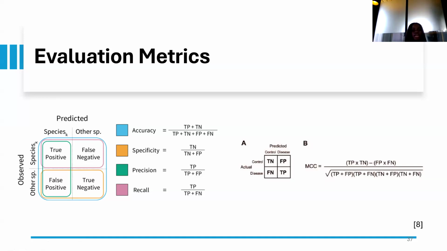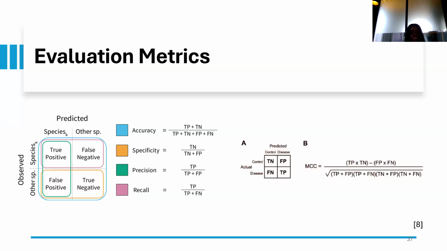Like accuracy. Accuracy isn't applicable in what I do because of how imbalanced the data sets are. If we go back to the example of 11 responders and 45 non-responders, if it just predicts most of them as non-responders, the accuracy is going to be high and we'll say, oh, this is an amazing model, but we don't actually know if it is.